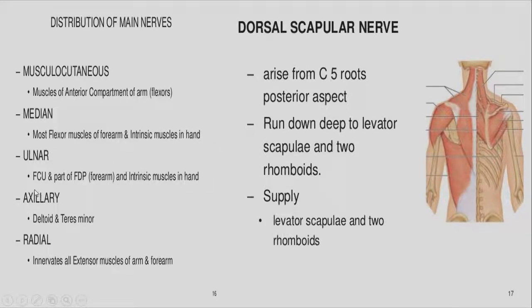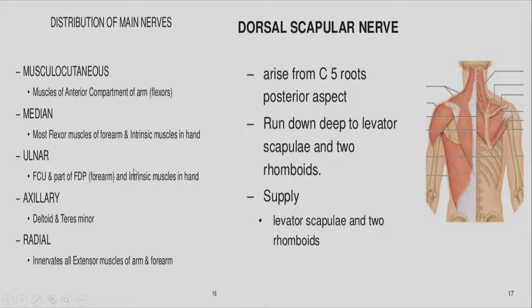The ulnar nerve will innervate the flexor carpi ulnaris and the medial part of the flexor digitorum profundus in the forearm. Then it is the main nerve supply to the hand.